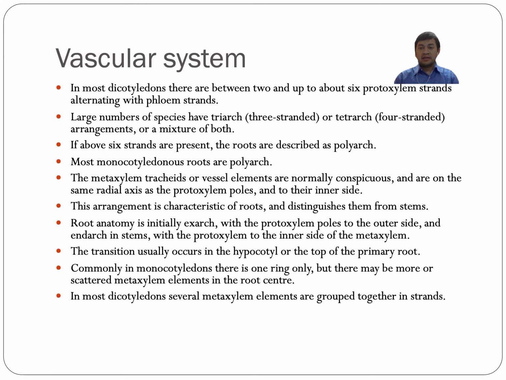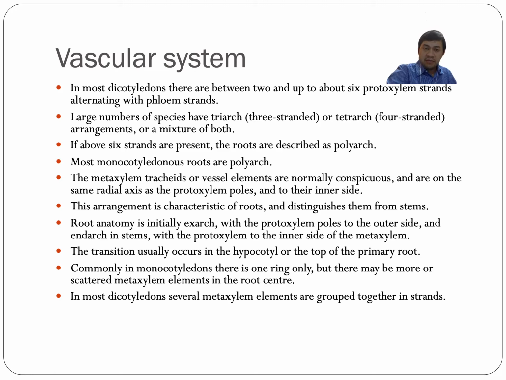Okay, this is the last part of the root: the vascular system. In most dicotyledons, there are between 2 and up to about 6 protoxylem strands alternating with phloem strands.